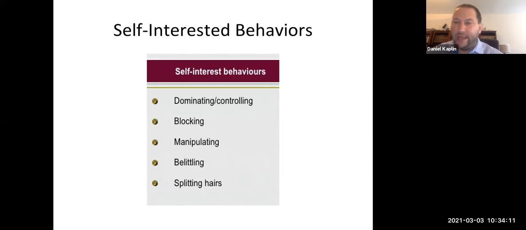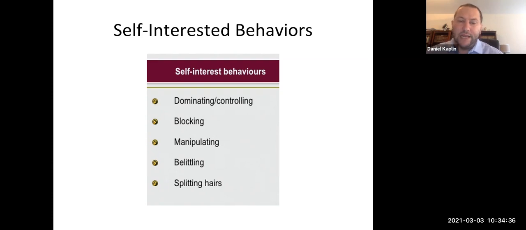that's a more negative form of blocking. Manipulating is self-explanatory. Trying to work on one of your hidden agendas and getting other people to go with your hidden agendas, that would be manipulating. Belittling is self-explanatory. When offering constructive feedback or constructive criticism, we don't attack people.